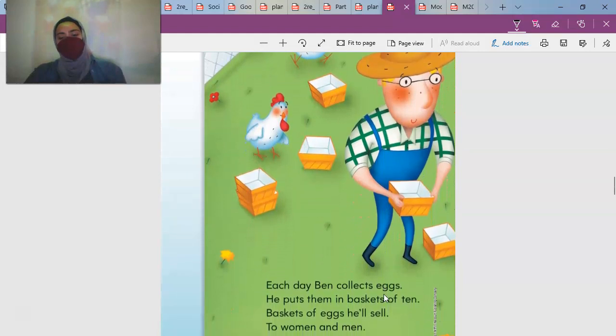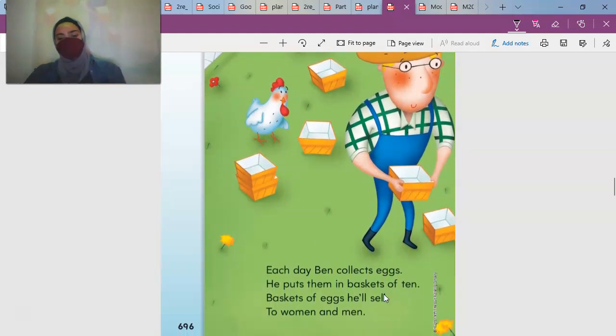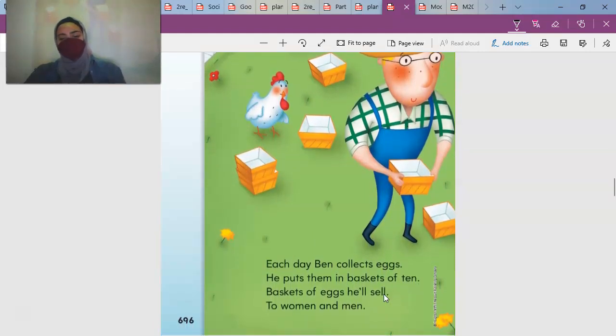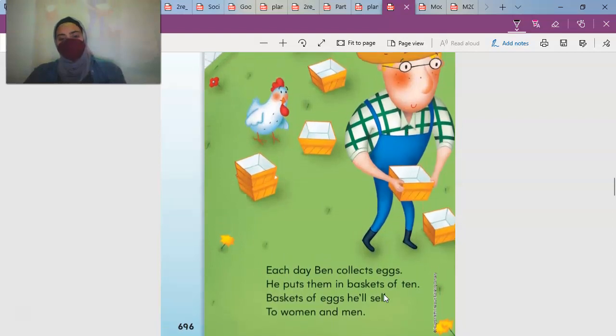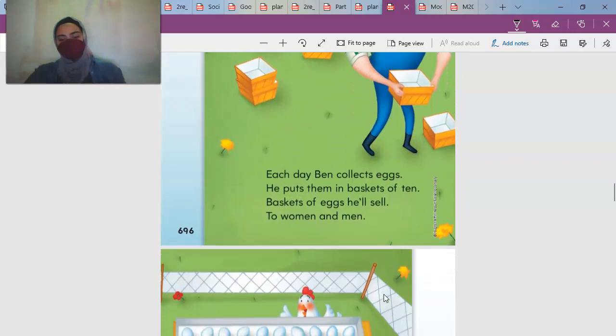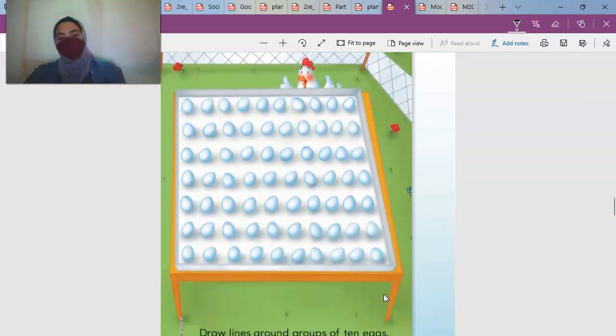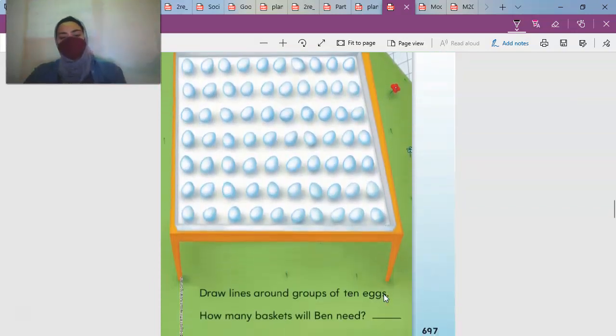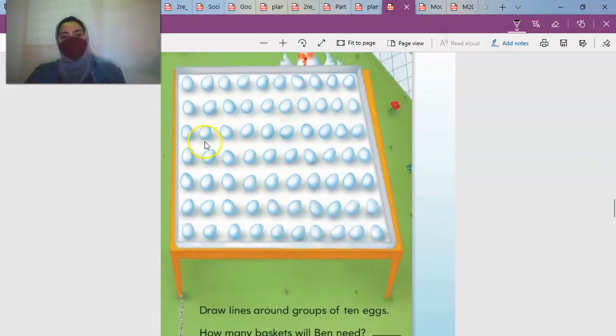Each day, Ben collects eggs. He puts them in baskets of 10, baskets of eggs he'll sell to women and men. So he's going to put some in the baskets. Draw lines around groups of 10 eggs. How many baskets will Ben need? So we're going to circle each 10.